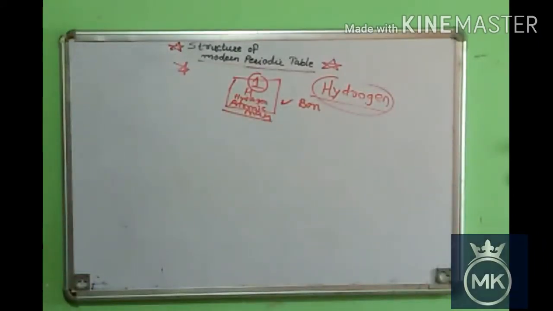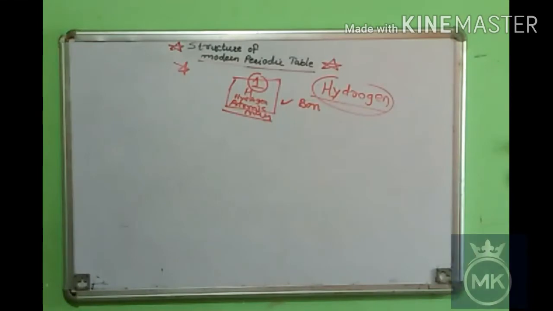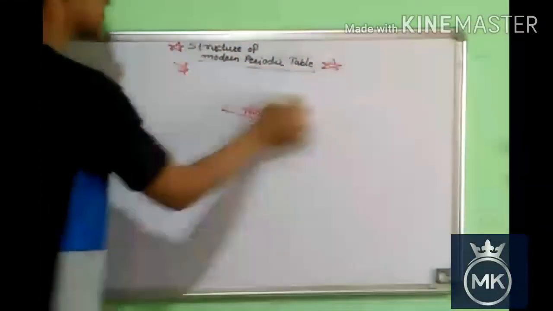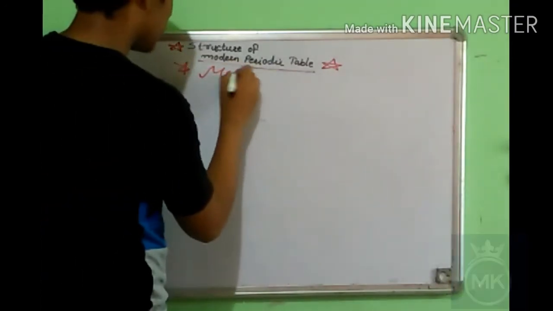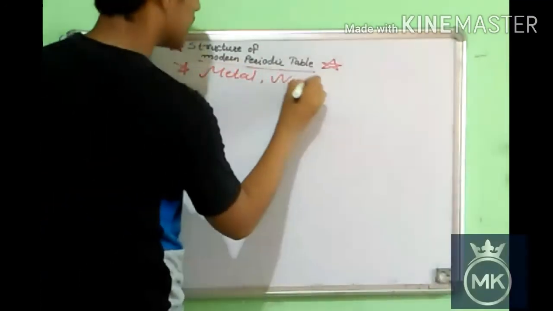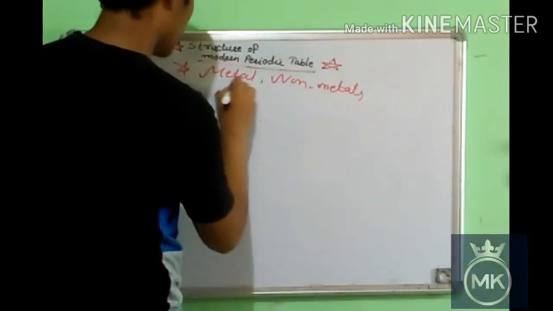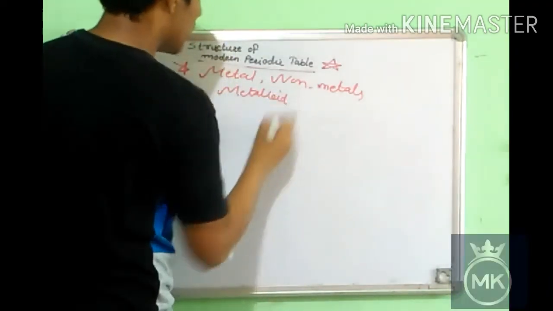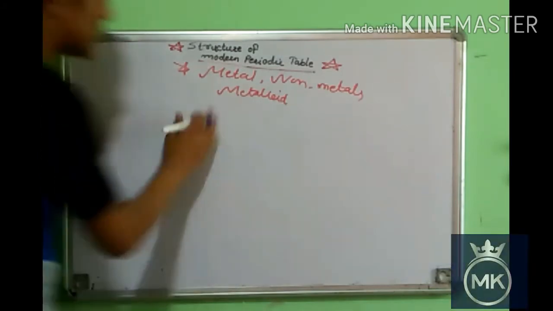Then in the modern periodic table, metals and non-metals are also included. You know that. Then at which place are metals, non-metals and metalloids included? These are placed to the left and right and on the border of the zigzag line.